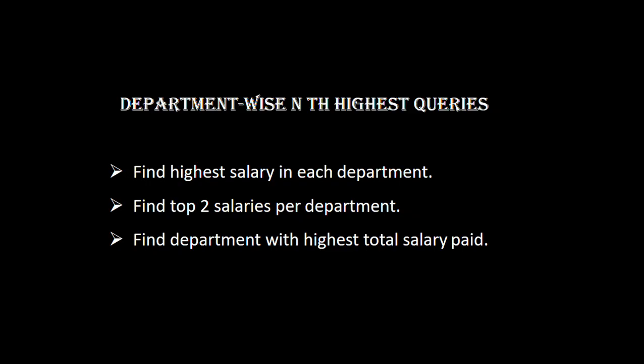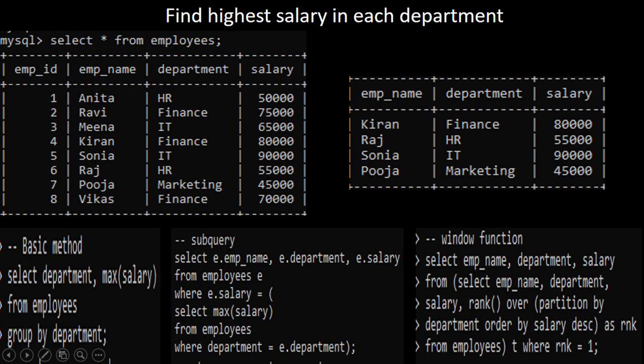To find the highest salary in each department, we can write a simple group by where we get department and maximum salary. But in order to get the employee record details along with the salary, we use a subquery where e.salary is the maximum of salary and the department is equal to the department we are getting from the outer query.